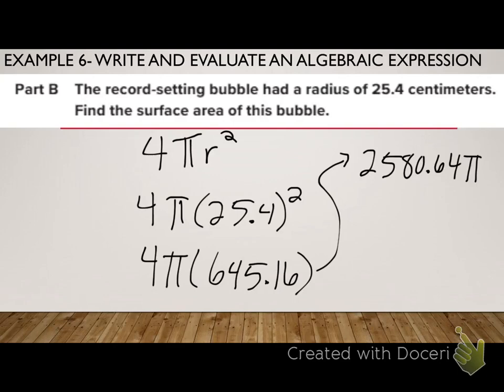So 2580.64 pi equals, actually 8,107 point, we'll round to the nearest hundredth, 32 centimeters squared.